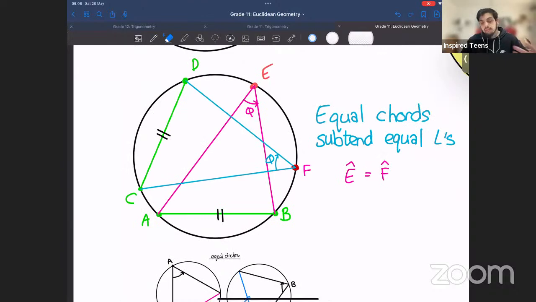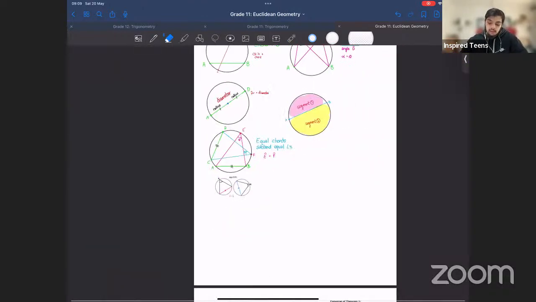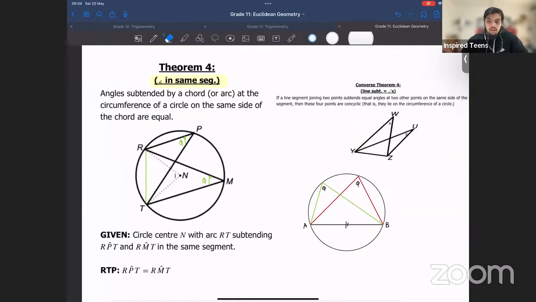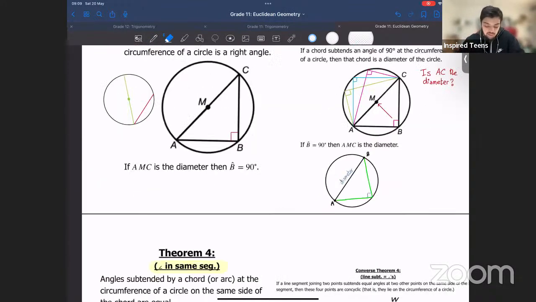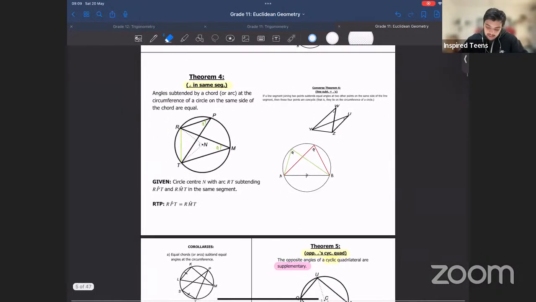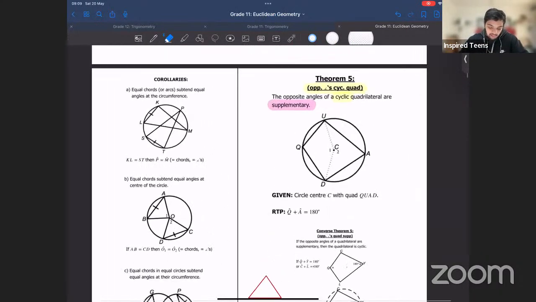They're not the same chord, but they're equal in length and they subtend equal angles. Then, of course, two different angles subtended by the same chord would also be equal, because it naturally follows that previous rule as well. Okay, let's move on.